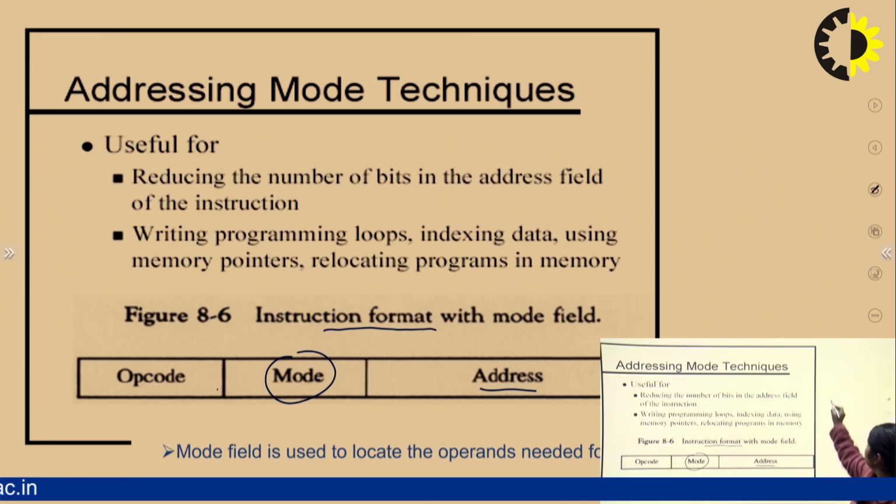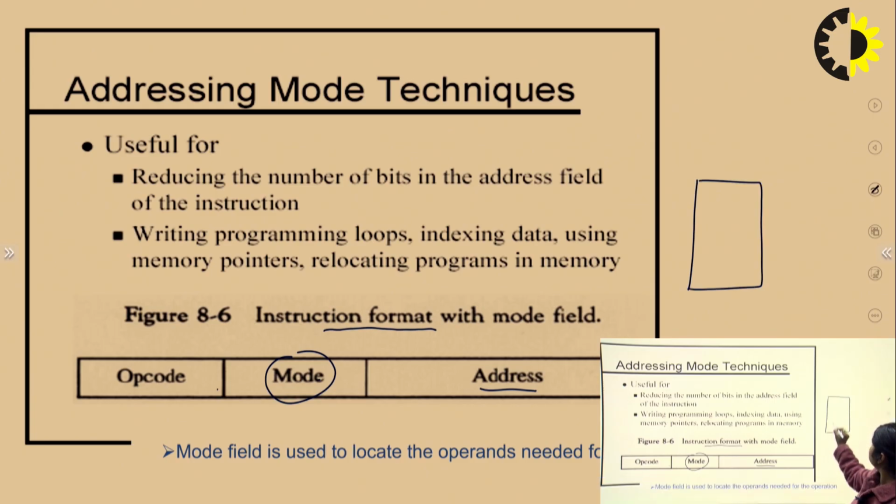Suppose this is the memory, and your file f1.txt is here, and its address is 2004, because it is a physical address.